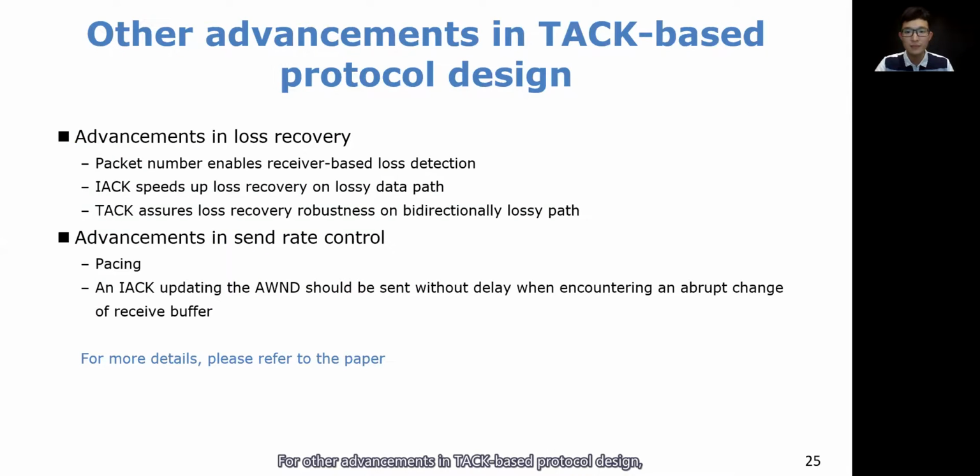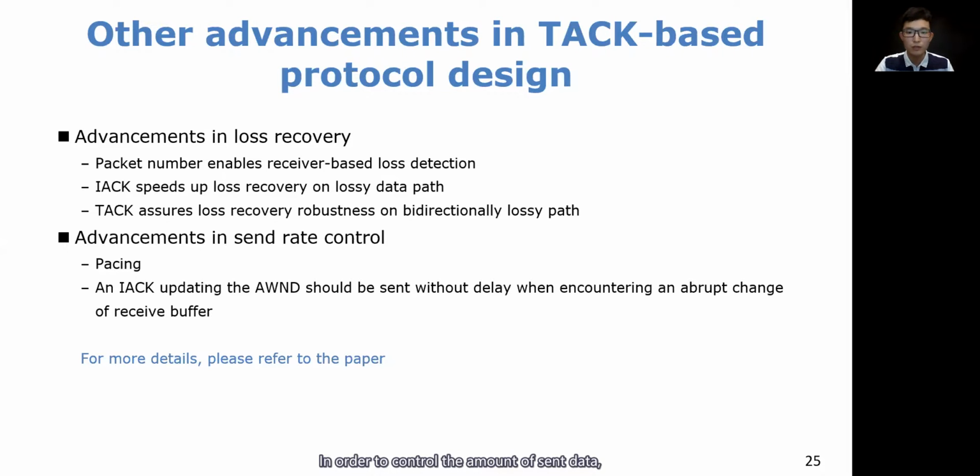For other advancements in the TACK-based protocol, we adopt receiver-based loss detection in which the packet number, the IACK, and the TACK play different roles. Packet number enables receiver-based loss detection, IACK speeds up loss recovery, and the TACK assures loss recovery robustness.